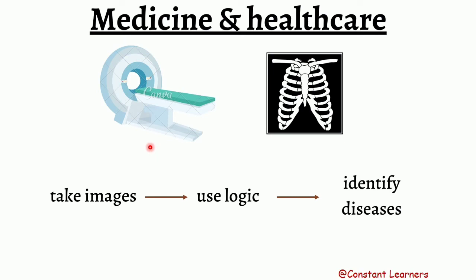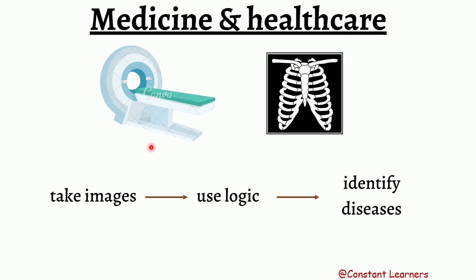So every time we get an MRI or an X-ray done, the machine understands the abnormality in the images and identifies the diseases that a person might be having. Okay. Also, when we use Google Lens to recognize an image, it also uses the concept of machine learning.